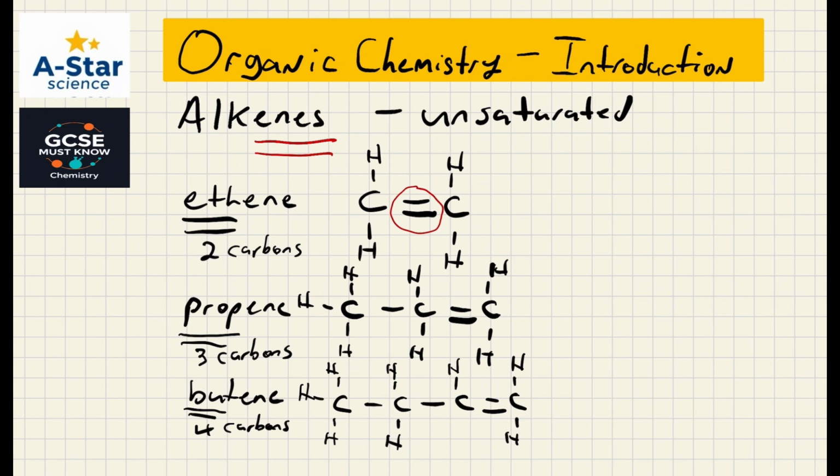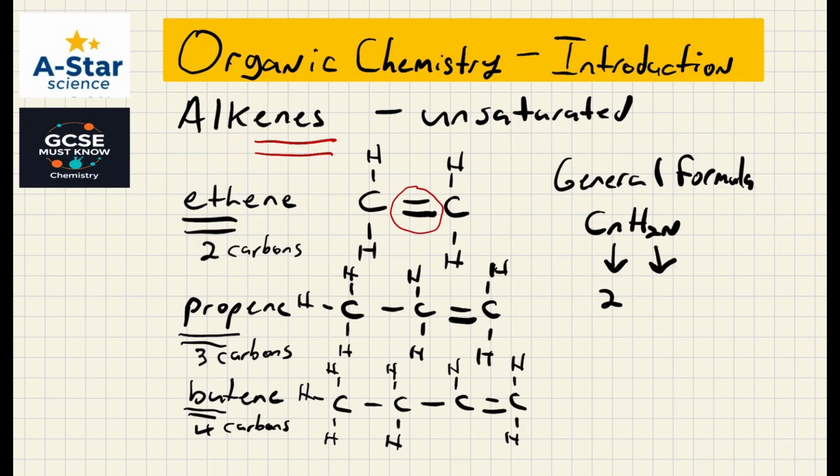Now, just like with alkanes, which had a general formula, alkenes also have a general formula. The general formula for alkenes is CnH2n. So let's see if that works. Let's take, for example, ethene, which has 2 carbons.